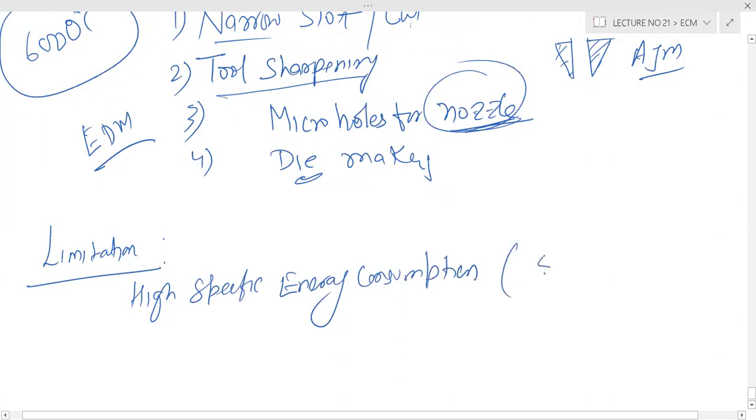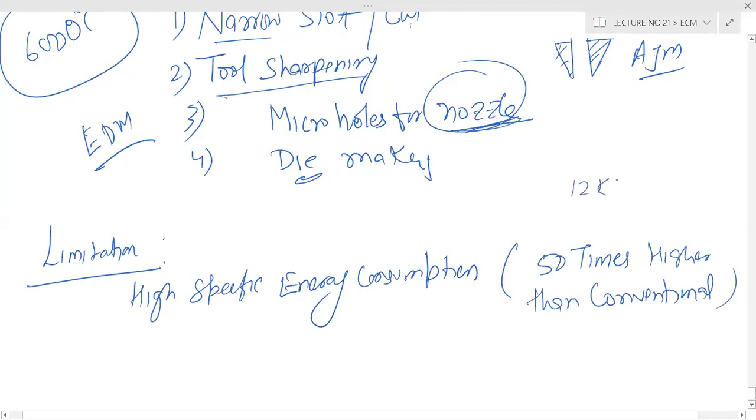It is almost 50 times higher than conventional machining processes like lathe, shaping, turning, boring. Suppose 12 kilowatt, so it is 12 kilowatt into 50. But the advantage, as already said, is that it is used for very hard material.